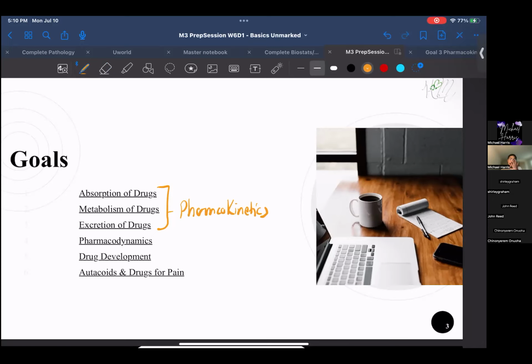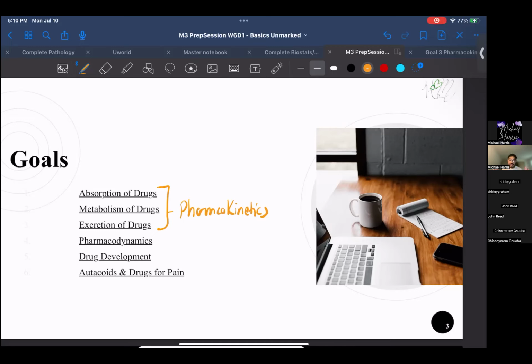At the more enzyme function level. Just like enzyme kinetics was all about how enzymes work, they decrease the activation energy, they have allosteric sites, you've got agonist sites, antagonist sites, how they look on a graph.